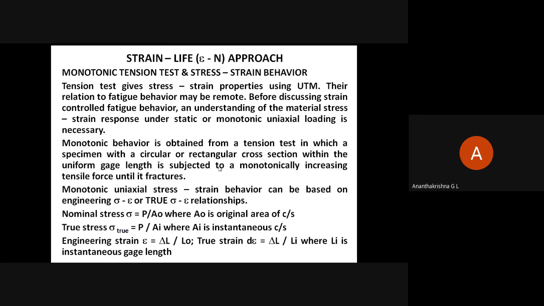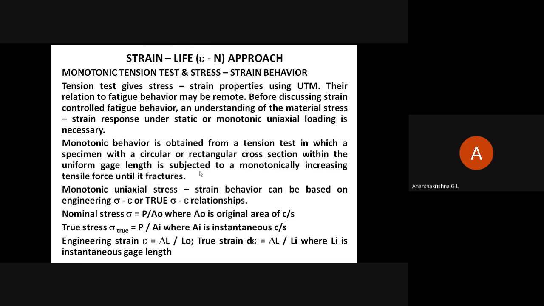Then using the load, and we know the original area of cross section of the specimen, we get stress, that is given by load by area of cross section. Using the extensometer, we find out change in length. Then we find out strain using change in length by original length, delta L by L.